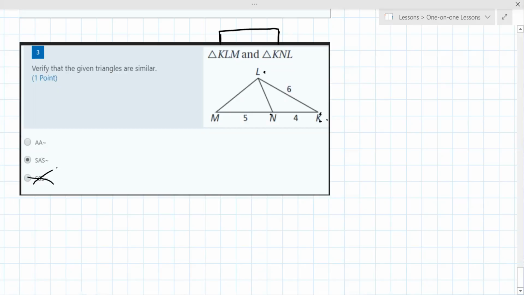I almost need to redraw this. So we've got this one. That's the big one. K to N to L is KLM. Okay, so there's this weird orienting of this triangle. So this is KLM, and then K to N to L. We actually have to flip it.